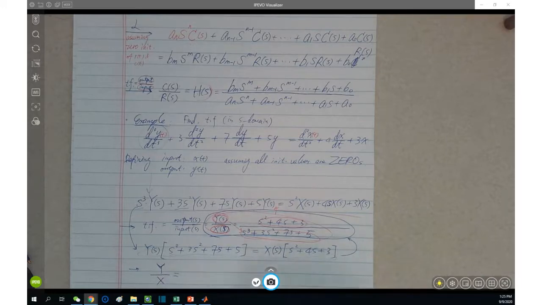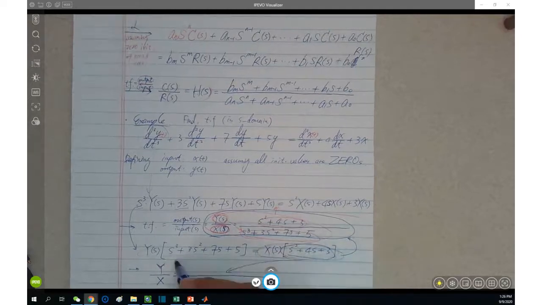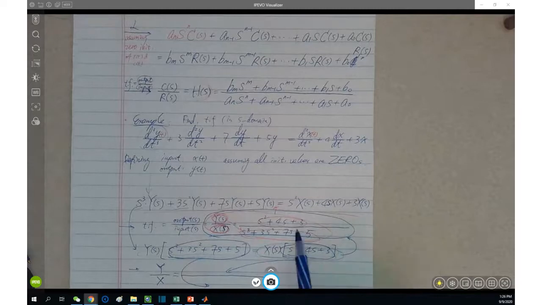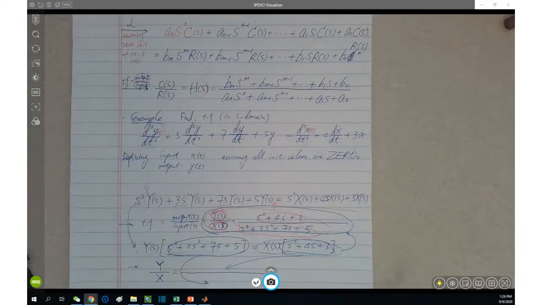That's fine. However, the numerator and denominator cannot be flipped. Once you do this, X times the numerator here is this polynomial here. That's why this goes here and this goes down here, which is our previous solution. Okay. Any other questions?